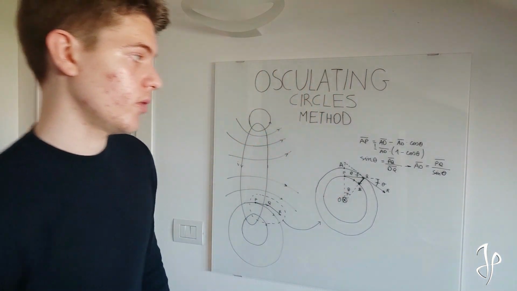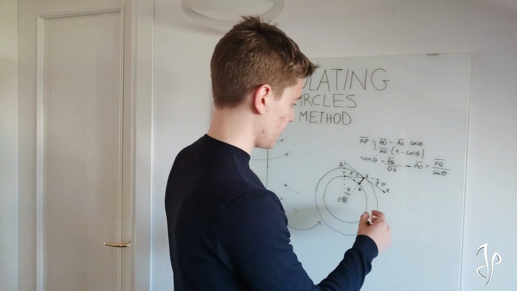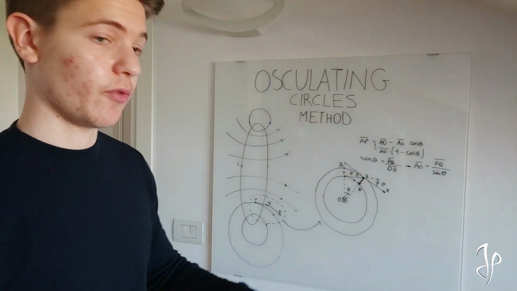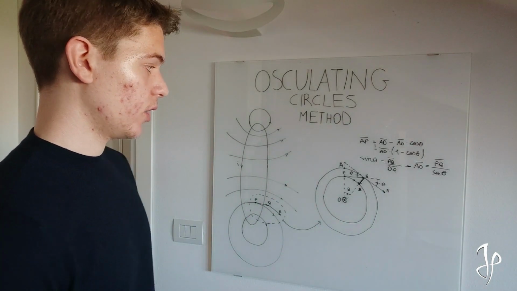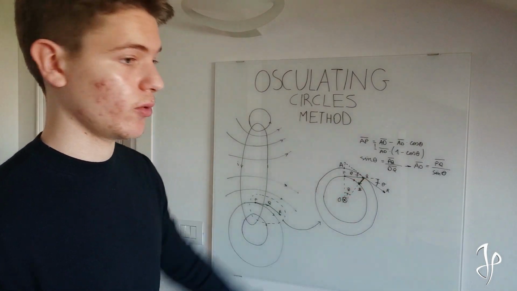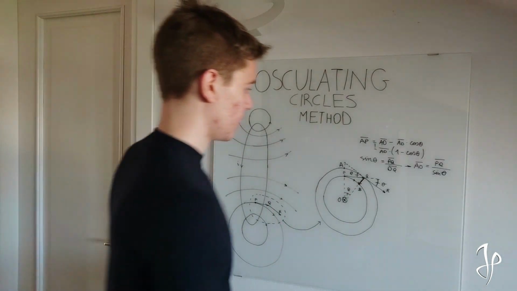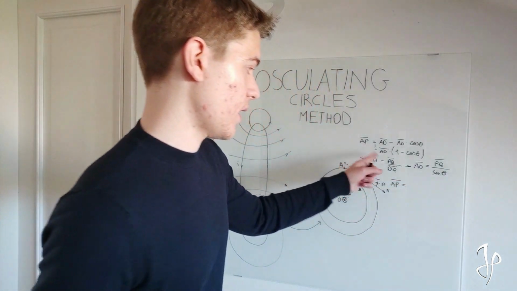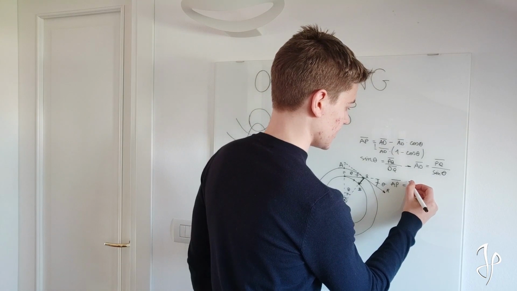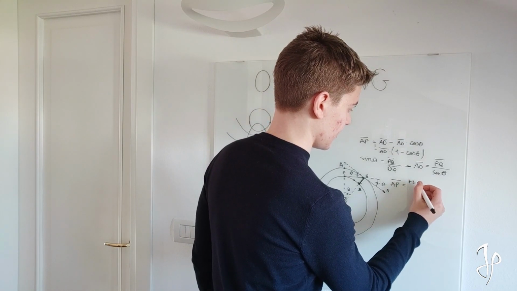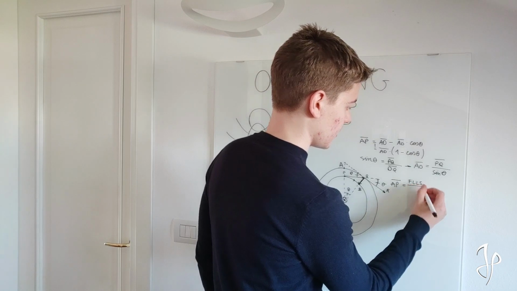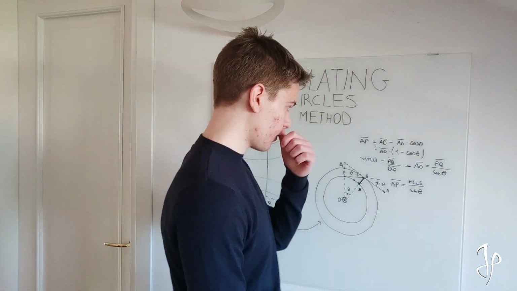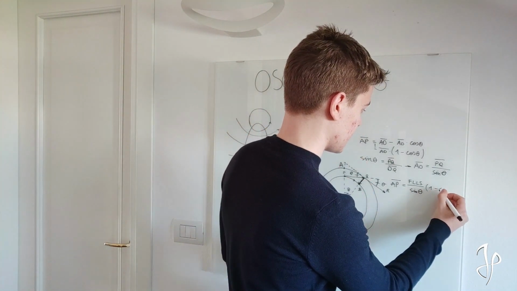And so now you end up having that AP, which is the length of the translation you want to do in order to bring Q back to the original field line, is equal to AO, so PQ, which is the standard field line length, divided by sine theta, multiplied by 1 minus cosine theta.